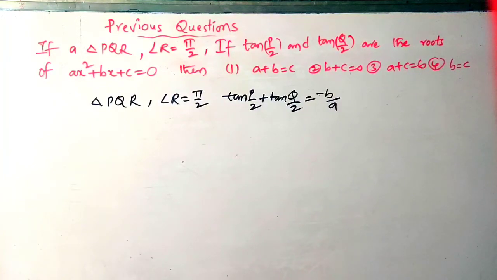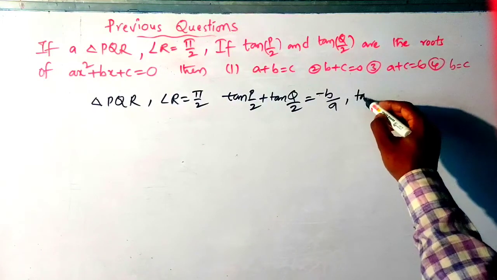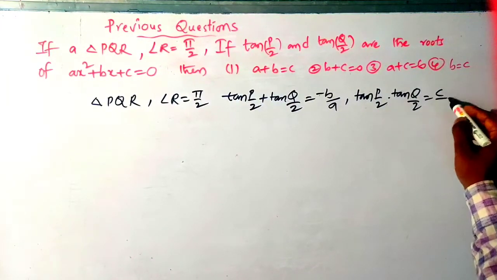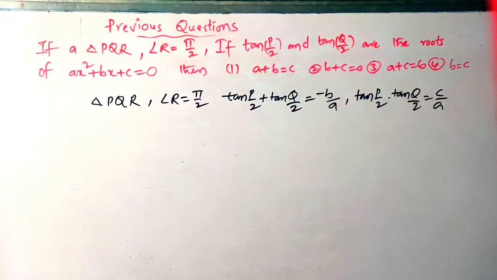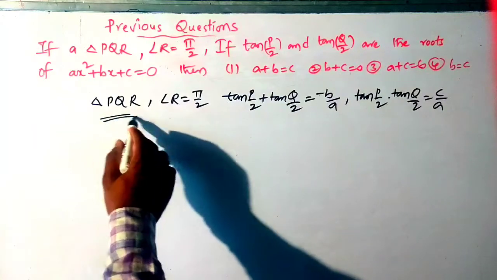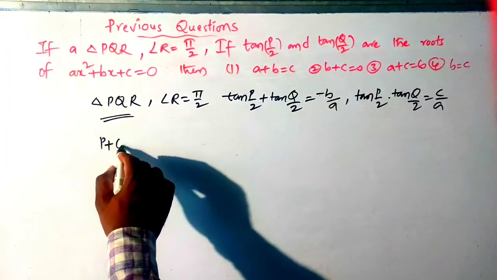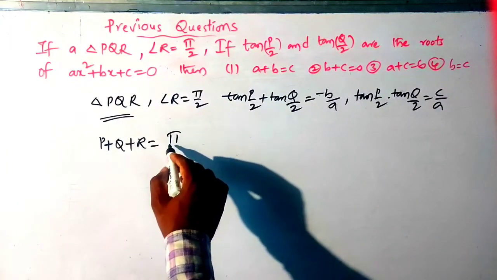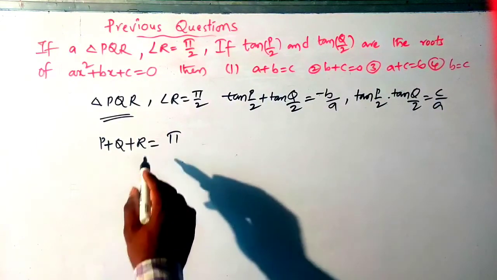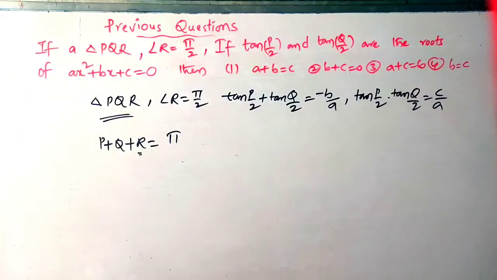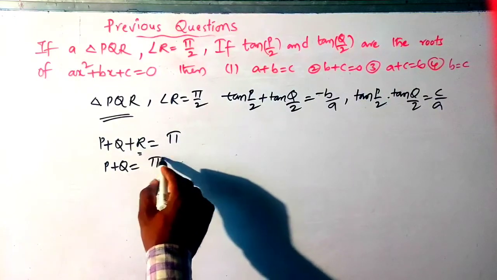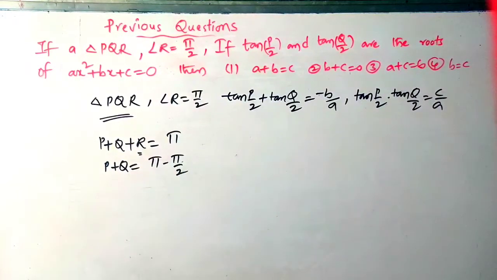And the product of the roots we write here: tan(p/2) times tan(q/2) equals c/a. Okay. Then in triangle ABC we know that p + q + r = 180 degrees. The value of r is already given, that is pi/2. So p + q = pi - pi/2.